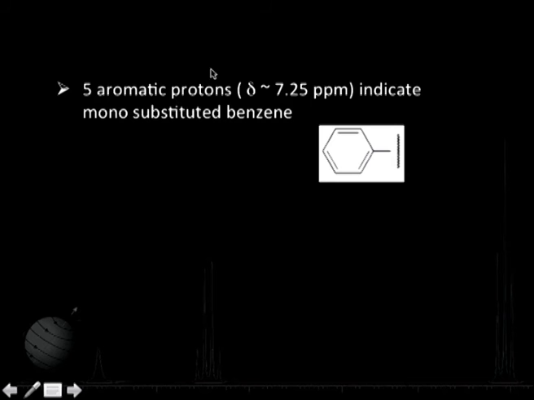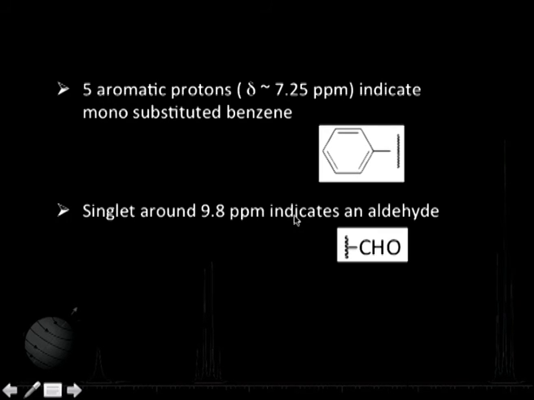So, we get this as a fragment as a consequence of this particular signal in the spectrum. Second observation is that we have a singlet around 9.8 ppm. This again is very typical. You will recall that any signal between 9 to 10 ppm is typically because of an aldehyde.